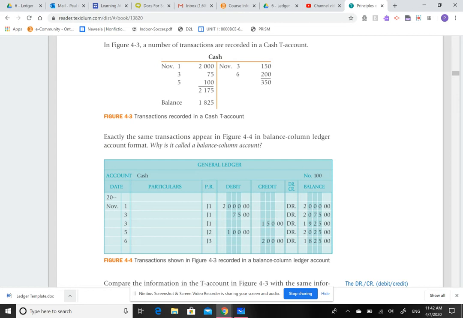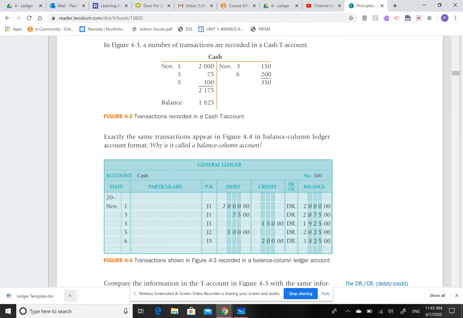And if you look at the very first ledger, you can see November 1st, J1 would be the first page of the journal, and then a $2,000 debit, which is a debit transaction, which is always going to be debit, by the way, because this is a cash account, which is a debit balance account. So that's always going to be DR. If this was a credit balance account, that would say CR. And then we have a balance of $2,000.